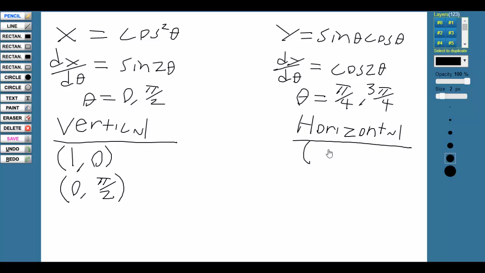And then you can do the same for these two. When you plug in π/4 to cos θ, you'll get √2/2, so (√2/2, π/4). And when you plug in 3π/4, you'll also get √2/2, and at these two points you will have horizontal tangent lines.